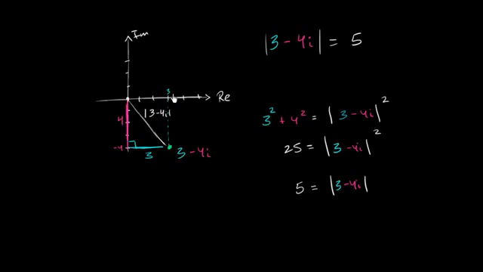Now, without having to draw it, one way you could just think about this is I have my real part, I have my imaginary part. I could literally take each of those parts, square them, take the sum, and take the square root.